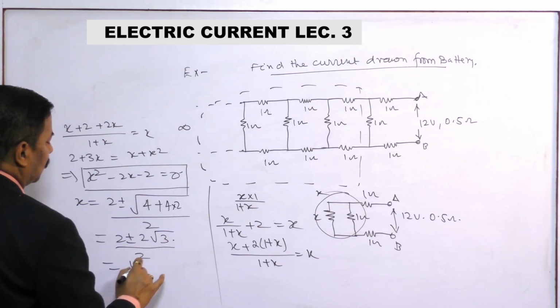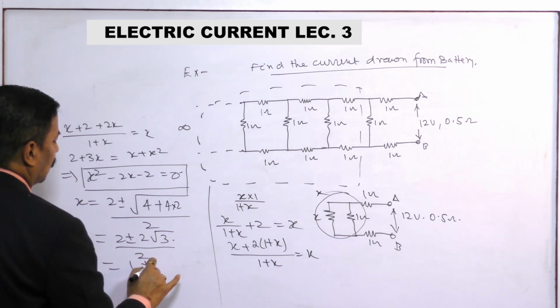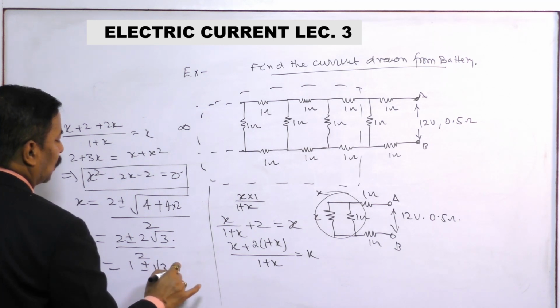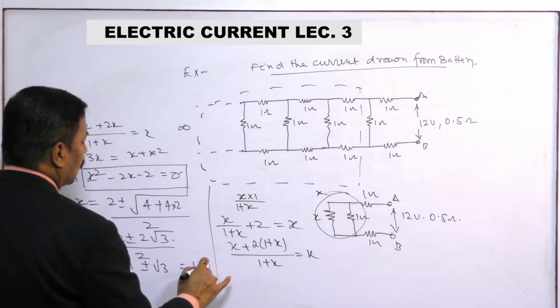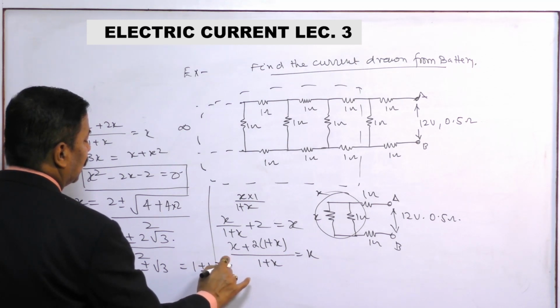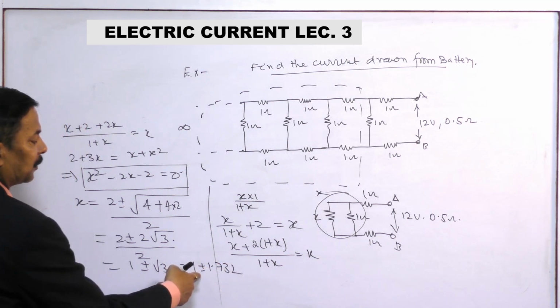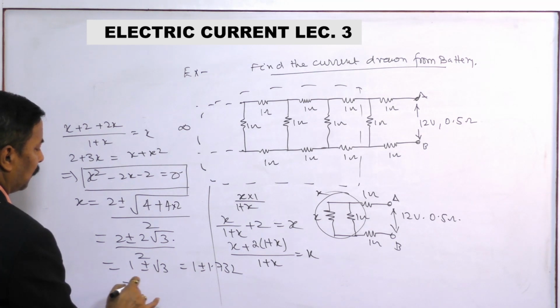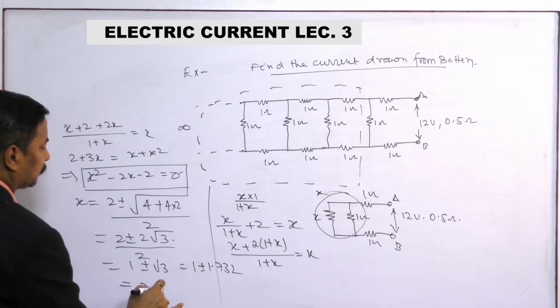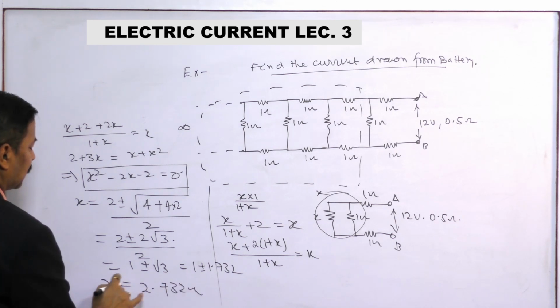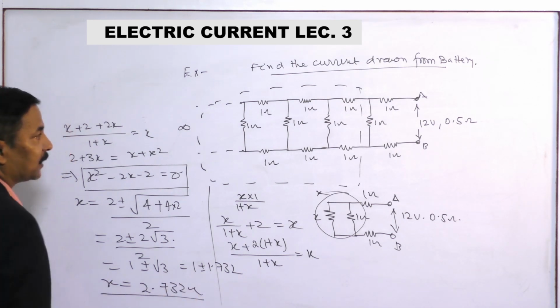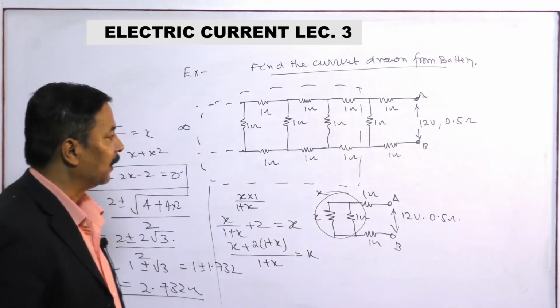So 1 plus minus root 3. Root 3 is 1.732. So 1 plus minus 1.732. Minus is not possible, negative is not possible. So it is your 2.732 ohm. This is the value of x, the equivalent resistance of this infinite ladder.